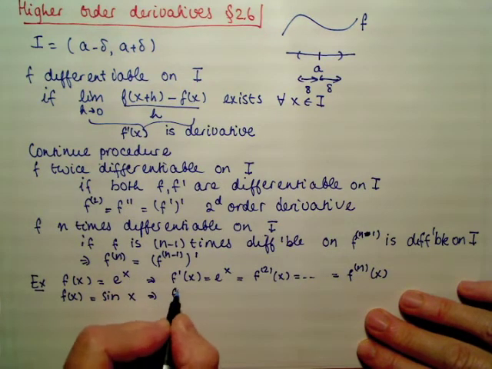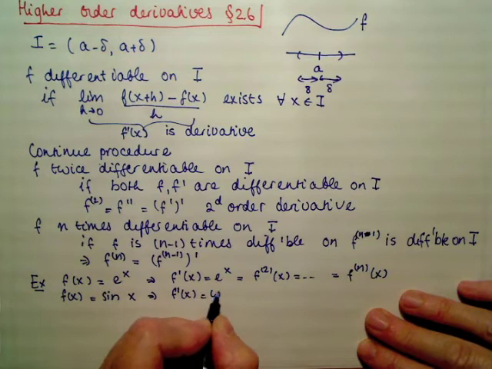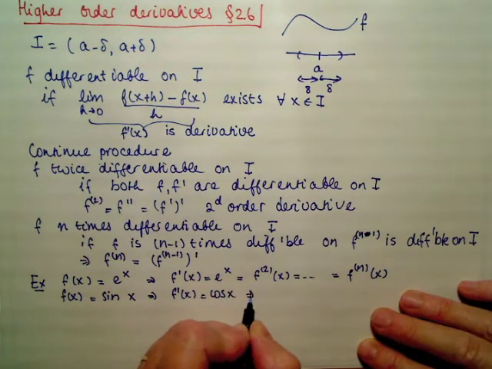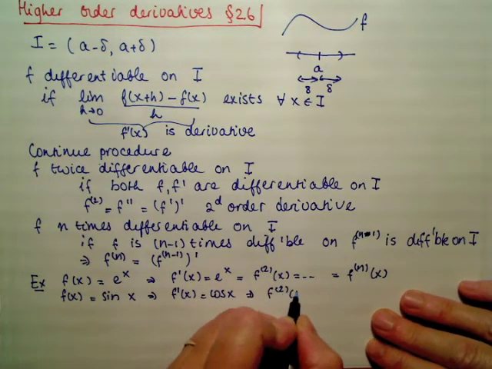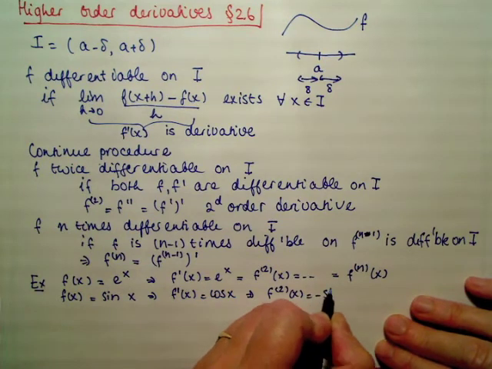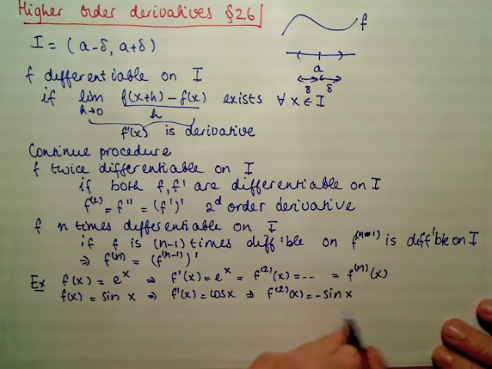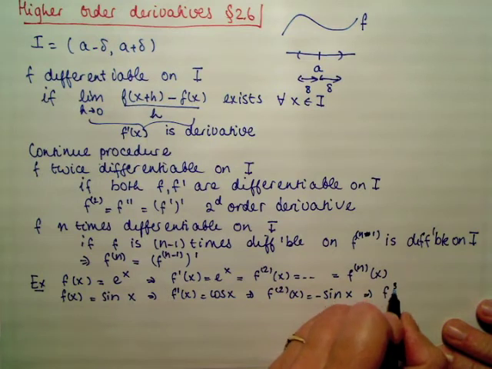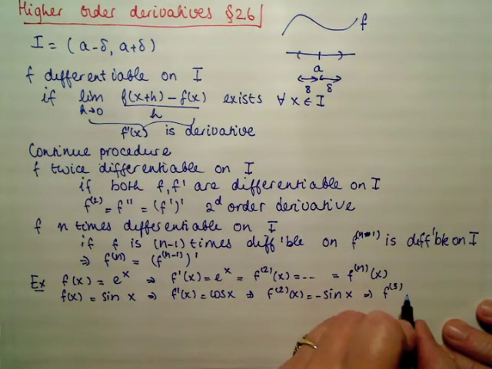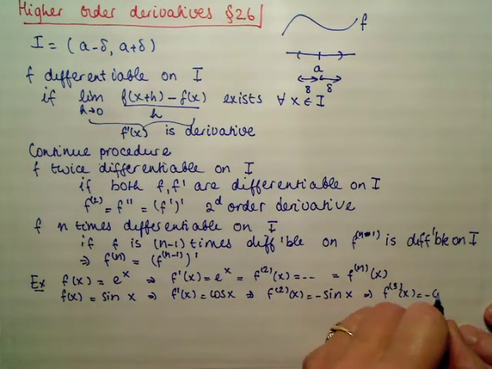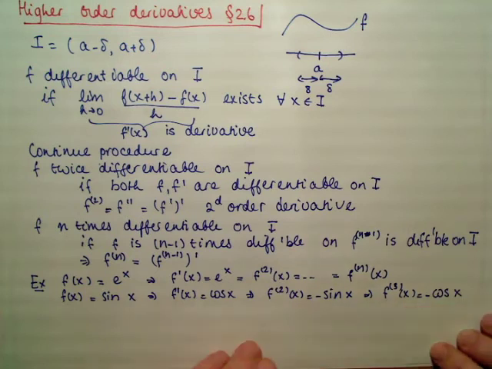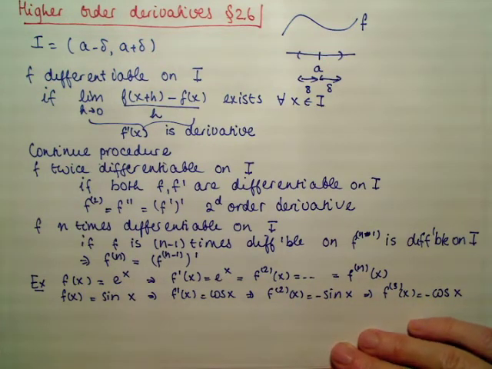We know that the derivative is cosine. If we differentiate again, we get the second derivative. This is equal to minus the sine, and so on. So the third derivative is the derivative of minus sine of x. It's minus cosine of x.